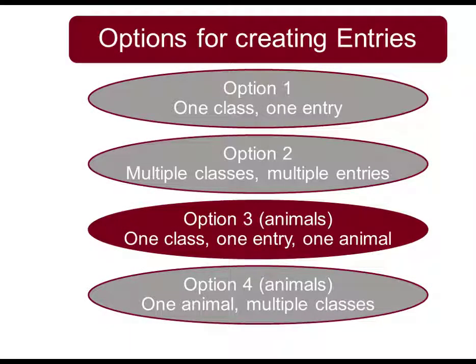The third option will only show up for animal-related classes. In this option, you select a single animal class, similar to option 1, but in some cases, again depending upon how this class was set up in your county, you will add a specific, previously identified 4-H animal.